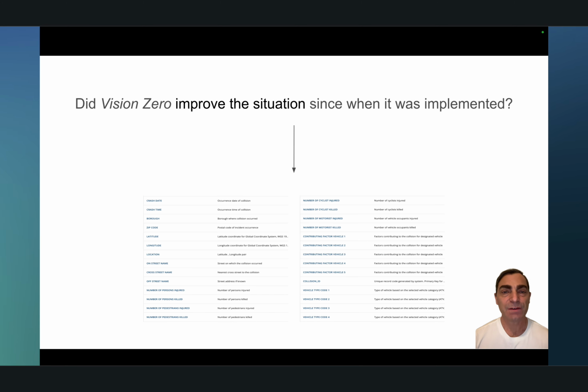So if we have the question, did Vision Zero improve the situation since when it was implemented? That's a useful question because it guides us and gives us a specific direction in terms of what we want to do.